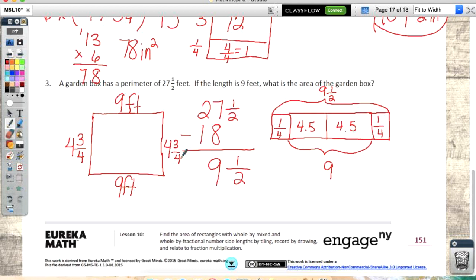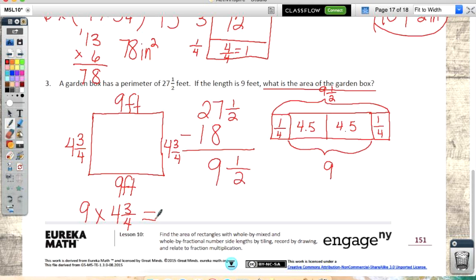Now the question says, what is the area of the garden box? So now what do I have to do? Multiply length times width, right? Okay, so if I do length times width, what's my problem going to be? 9 times 4 and 3/4. I got to solve that problem right there.